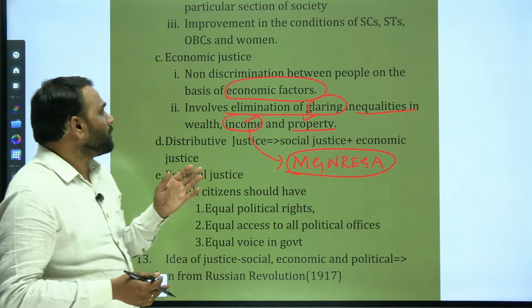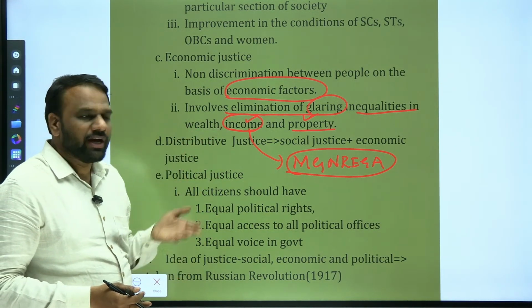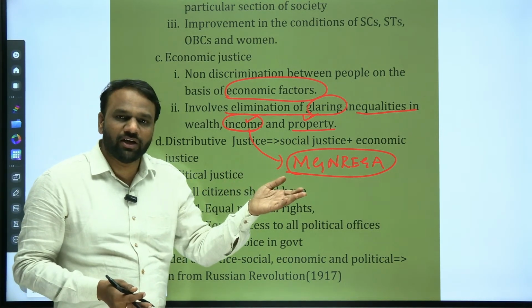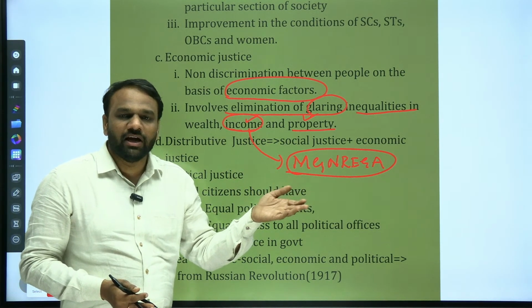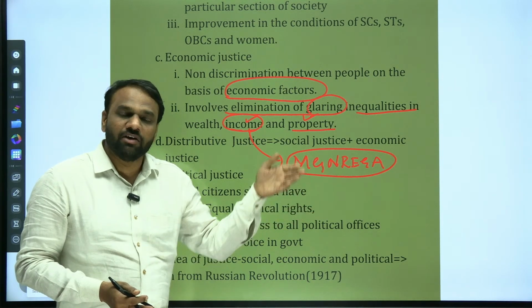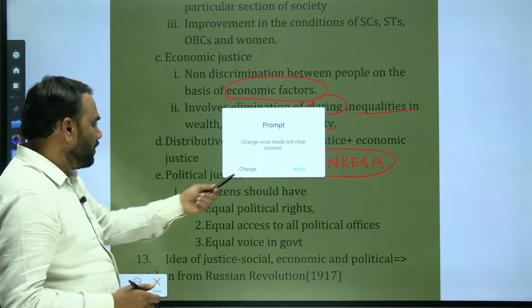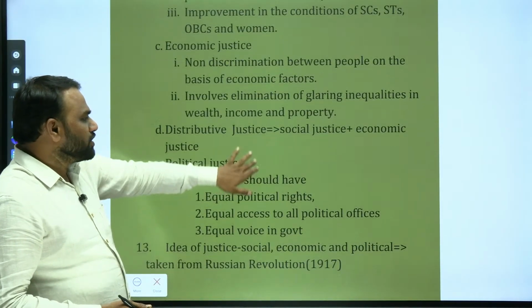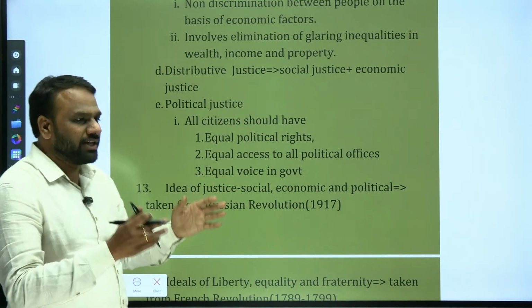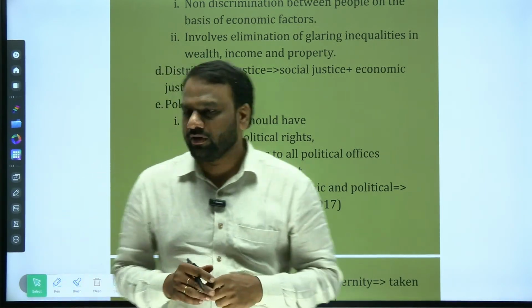So our constitution upholds economic justice through some of the directive principles of state policy and also some of the fundamental rights, which we shall see later on. Next, what is distributive justice? Social justice plus economic justice together, we call it distributive justice. Okay, so very important.